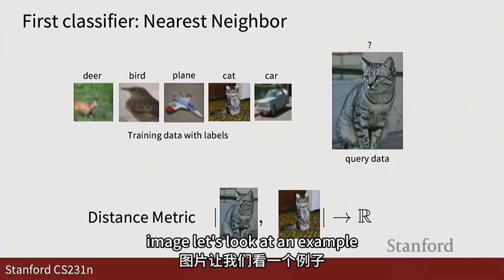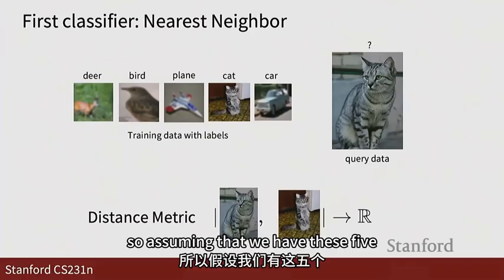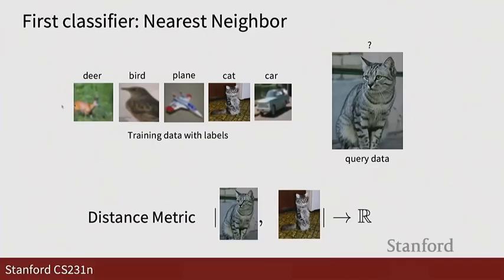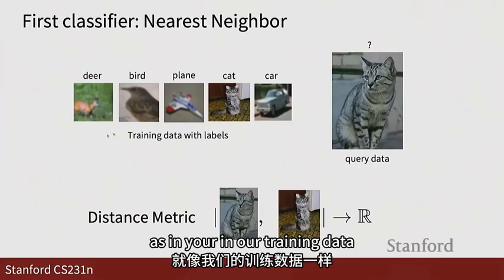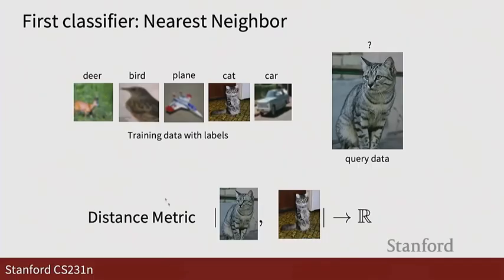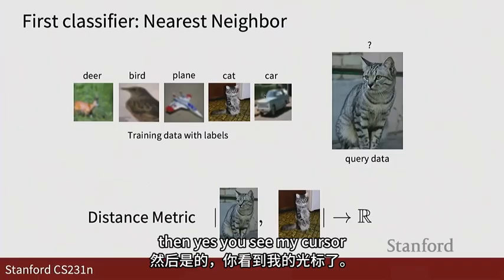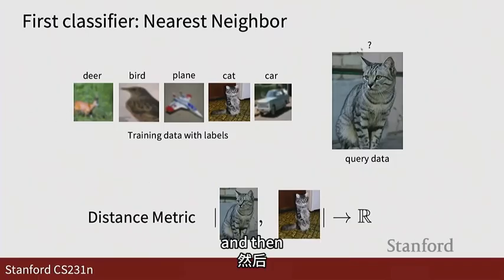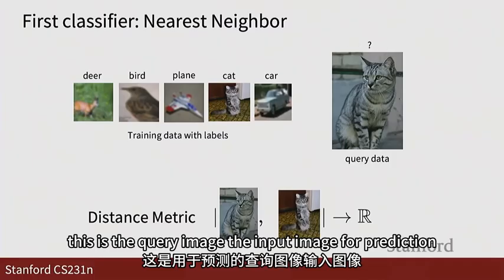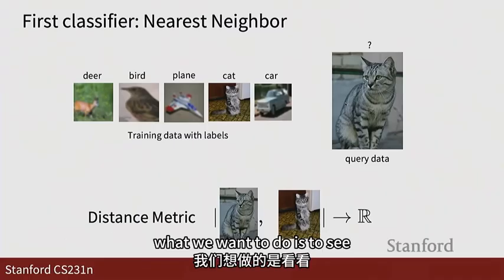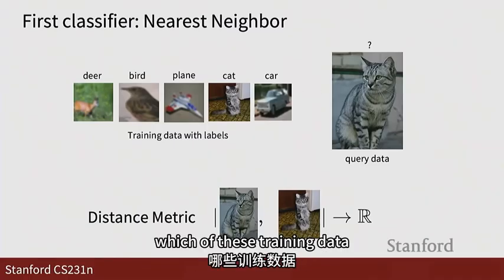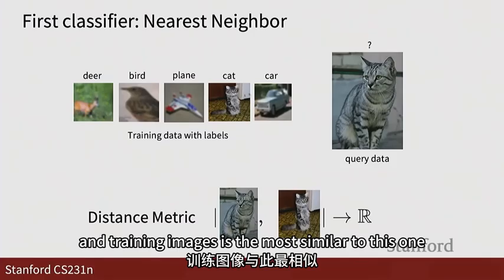Let's look at an example. Assuming that we have these 5 in our training data, and this is the query image, the input image for prediction. What we want to do is to see which of these training images is the most similar to this one.